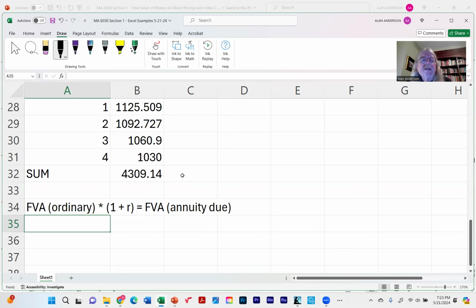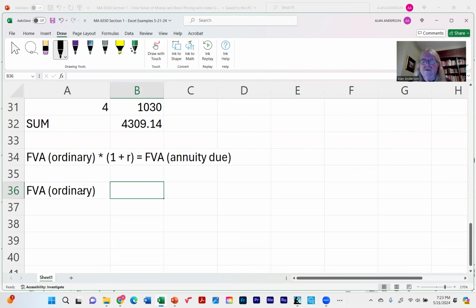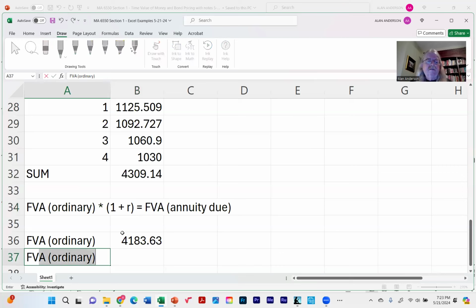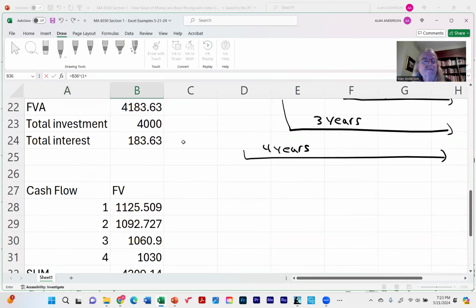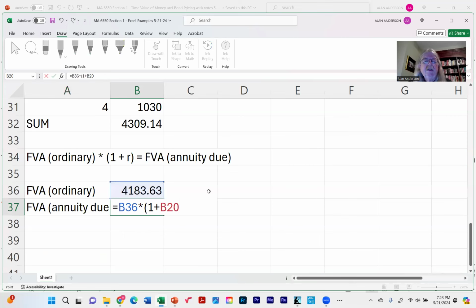So let's prove it. Here, this one was 4183.63. If I multiply this by 1 plus the rate of interest, which is here, you'll see that it works.